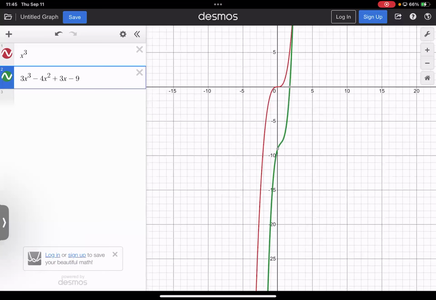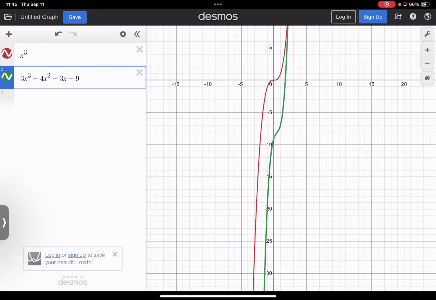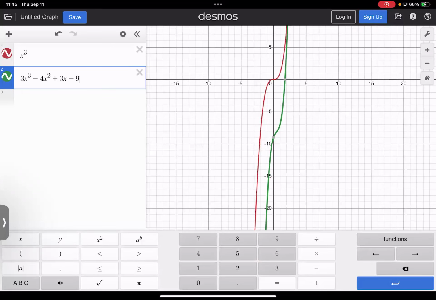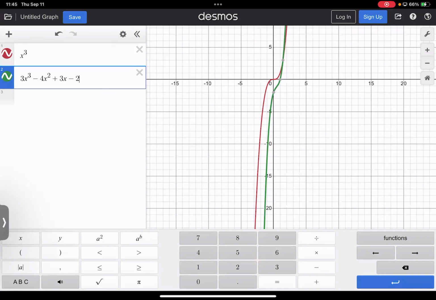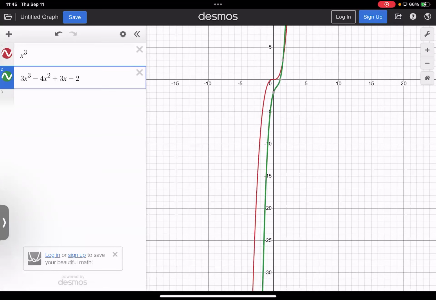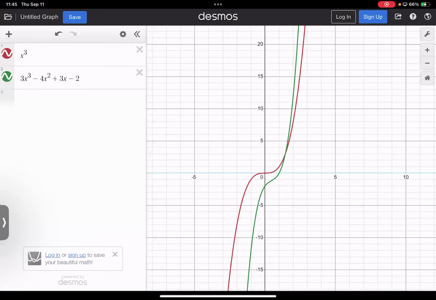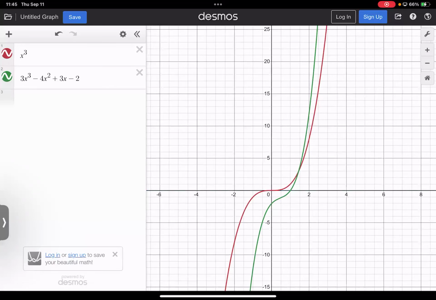Now I've really done it. Some stuff happened. Maybe the minus 9 was a bad idea. Minus 2. Now they're easier to compare. Maybe. No matter how much junk you throw in there, the overall shape stays the same. All right. That's cool.